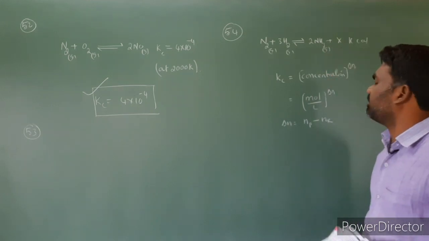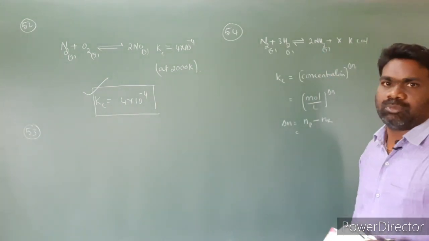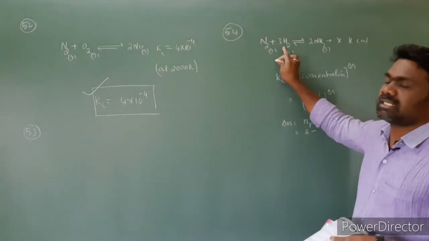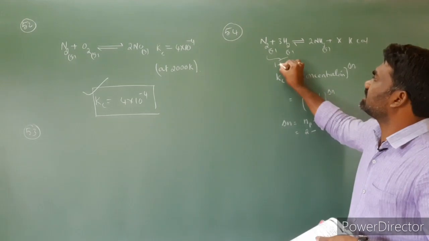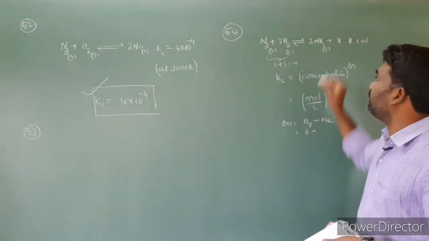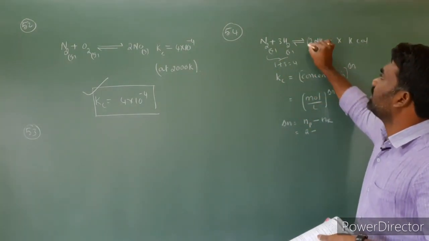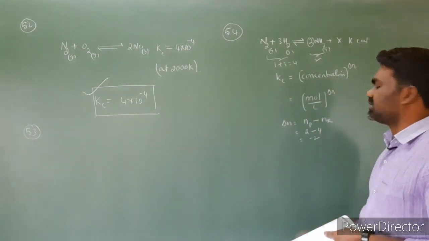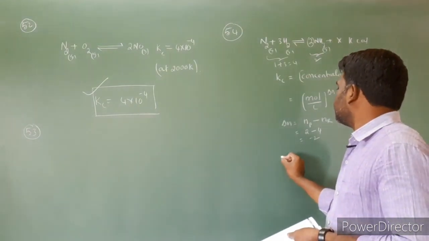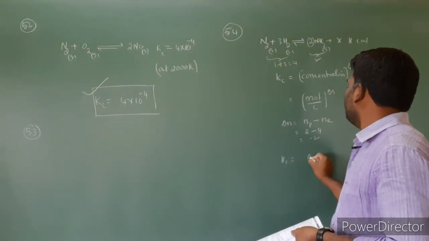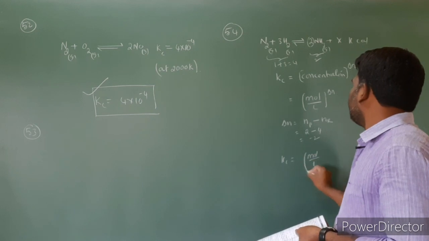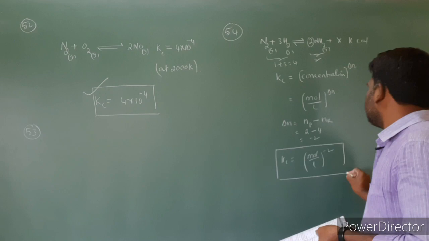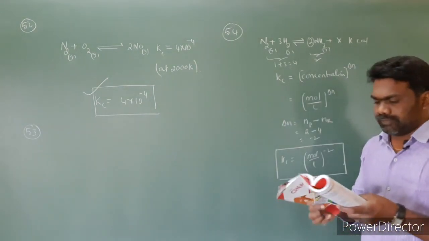Number of moles of gaseous products is 2, minus number of moles of gaseous reactants, which is 1 plus 3, that is 4. So 2 minus 4, that is equal to minus 2. Then Kc is equal to mole per liter power minus 2. So this is the answer for this question.